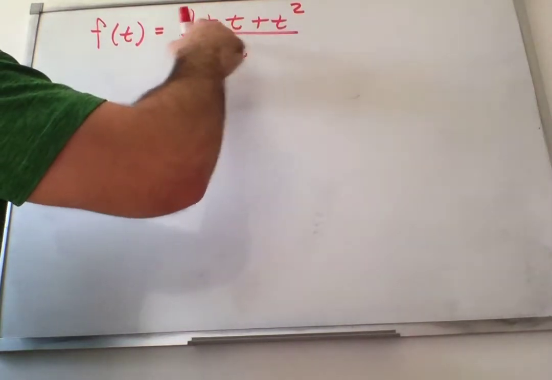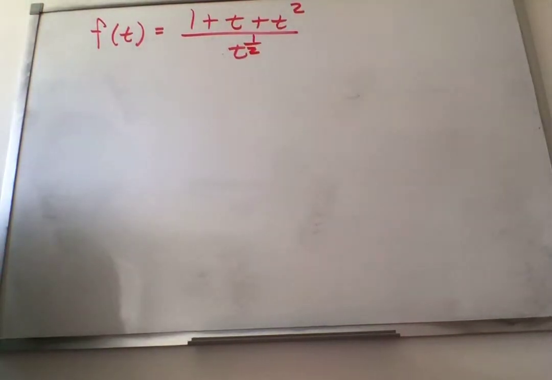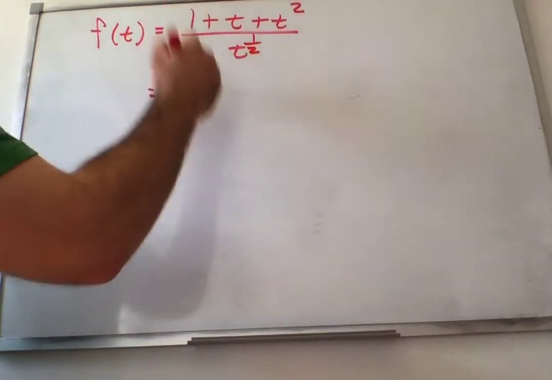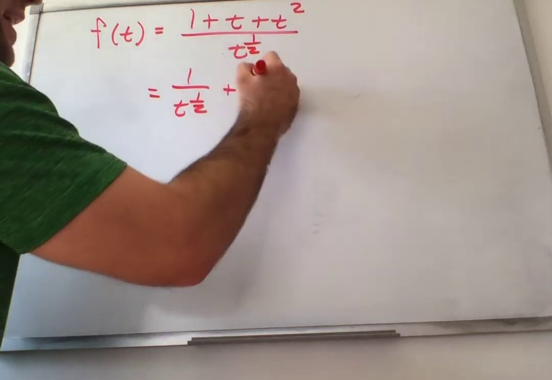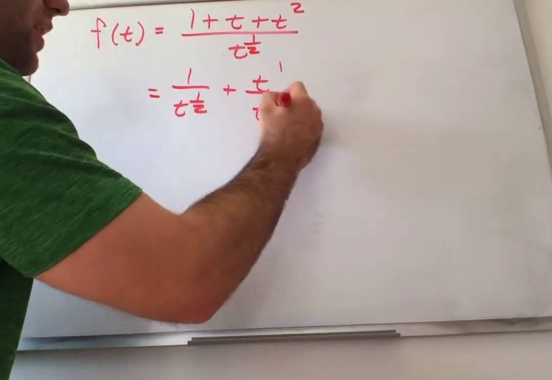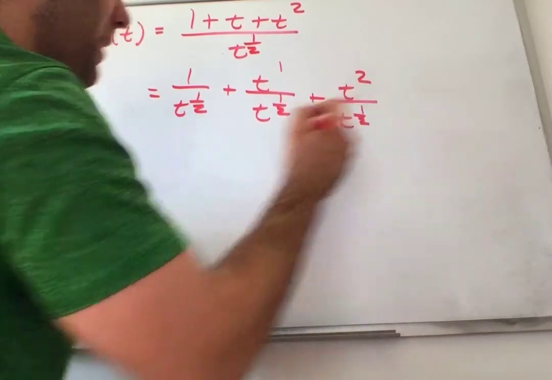Remember, square root functions are the same thing as 1/2 powers. So right here, 1 divided by t to the 1/2 power, plus t to the first divided by t to the 1/2 power, plus t squared divided by t to the 1/2 power.